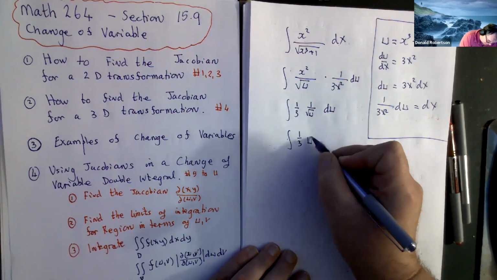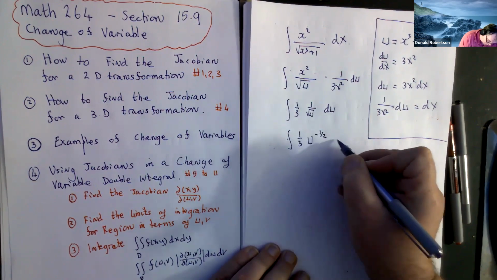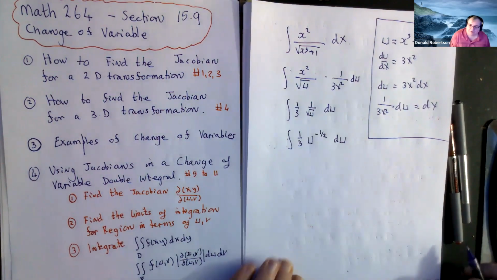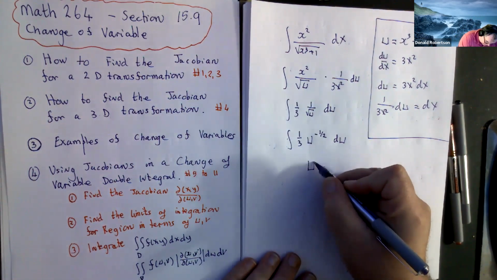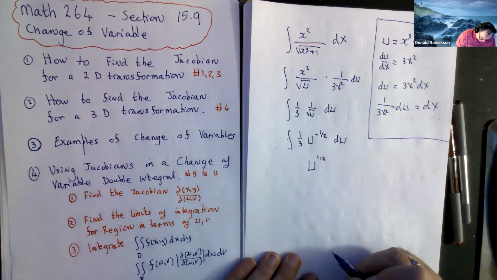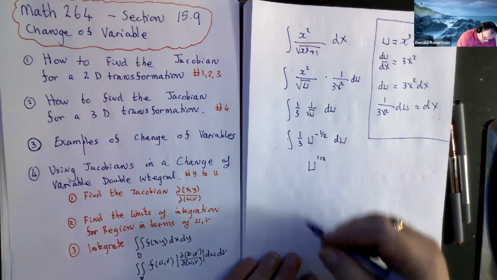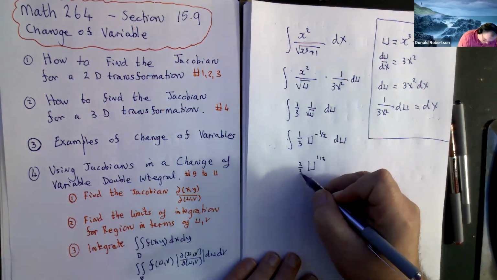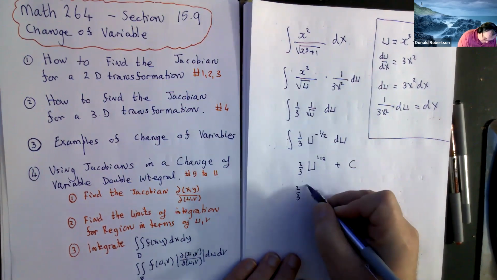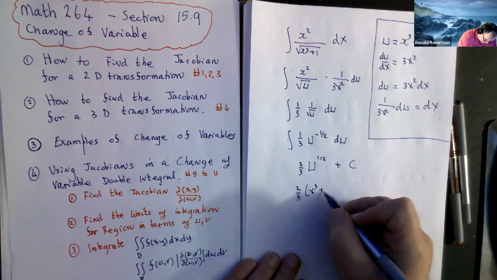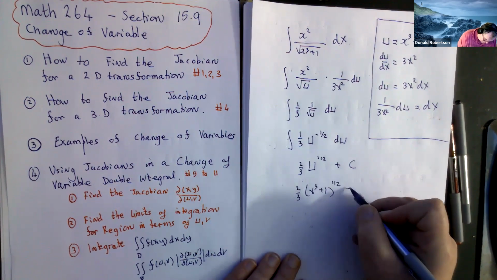I then convert him into a more useful power of u. In this case, 1 over the square root is a negative half power. Then we integrate by adding 1 to the power, dividing by the new power. We then return the u back to the x's.